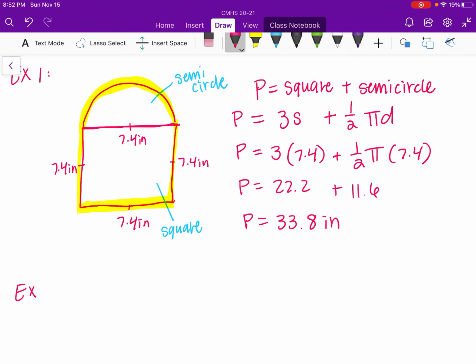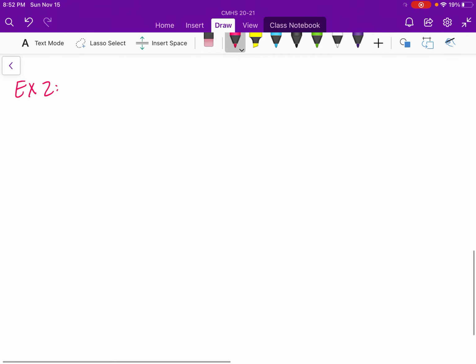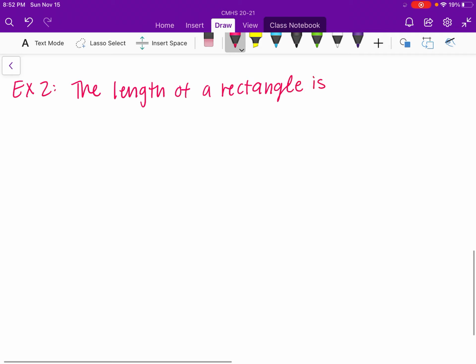The next one is a little bit of a word problem. It says the length of a rectangle is twice its width.